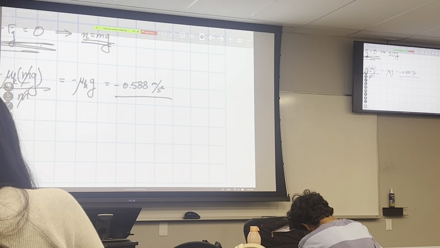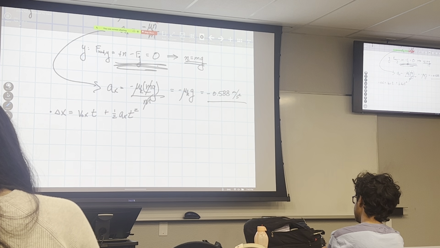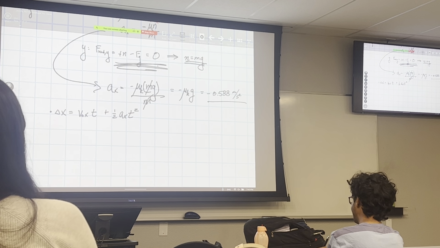So now, delta x is equal to v naught x t plus 1/2 a x t squared. Now we just need to think, do we know all the different pieces of information? Do we know v naught x, the initial speed the box was moving?